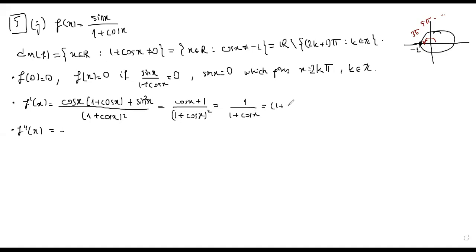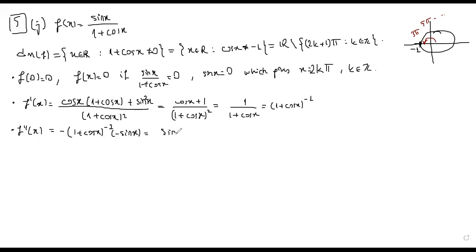This is equal to 1 plus cosine x to the minus 1. So we take this one's derivative. We have minus 1 times 1 plus cosine x to the minus 2 times this function's derivative, which is minus sine x.